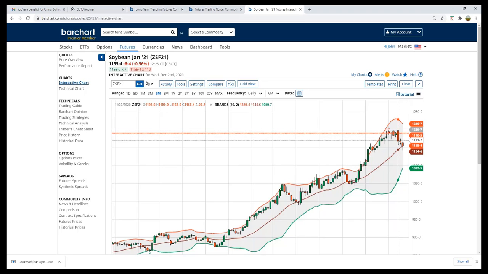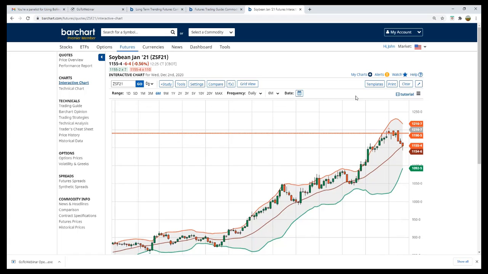So this is a change in momentum. And notice now that we have reverted back, or mean reversion. So that could tell us that our trend is now going to re-engage and push price back up, or we could be seeing the beginning of a new trend change.